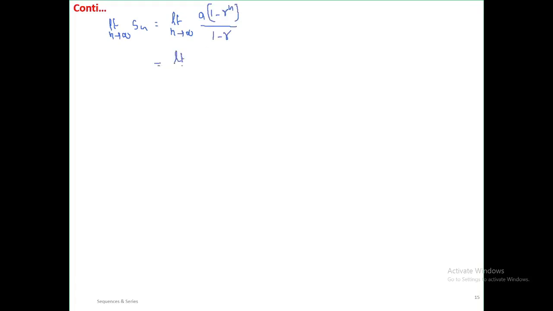Limit n tends to infinity, listen carefully. So a upon 1 minus r, I am separating this, minus a into r to the power of n divided by 1 minus r. Look at the first term, not involving n. So directly it's like a constant, a upon 1 minus r.